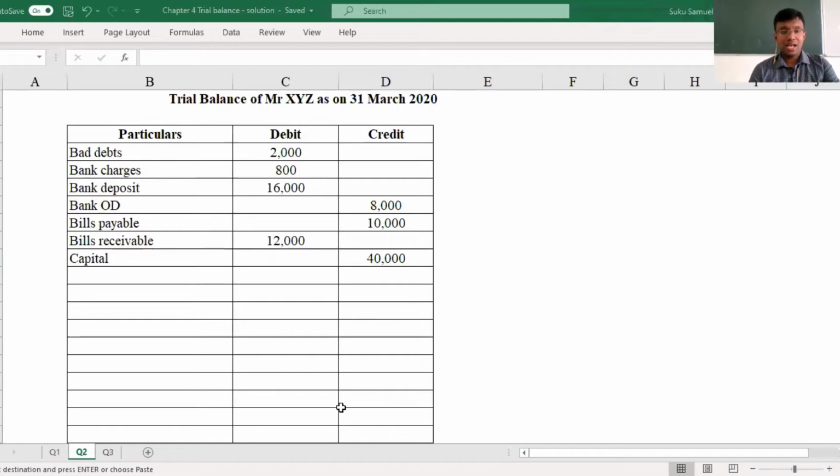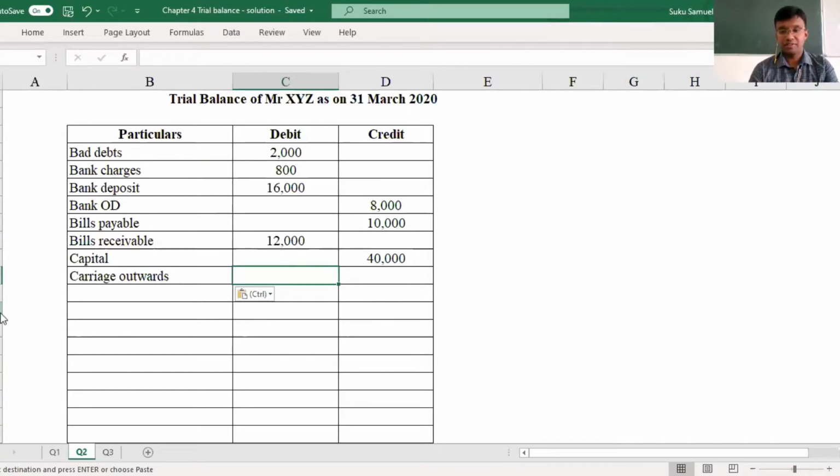Next, what we have is carriage outward. Now, what do you mean by carriage outward? Carriage outward refers to the transportation cost of finished goods. Basically, the money that you're spending for carriage, for taking goods outside.